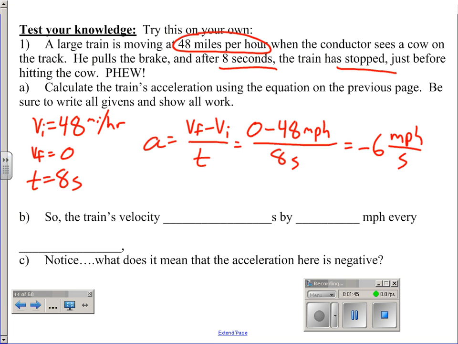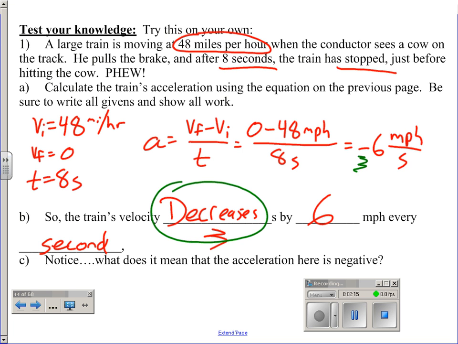What that's telling us is that the train's velocity decreases, because it's going from 48 down to 0, by 6 miles per hour every second. And what does it mean that the acceleration is negative? It means that the velocity decreases. I want to make sure you understand this idea that the decrease comes from the negative sign. Okay, so there we go.